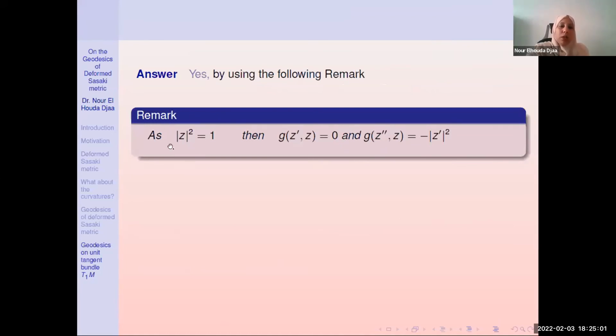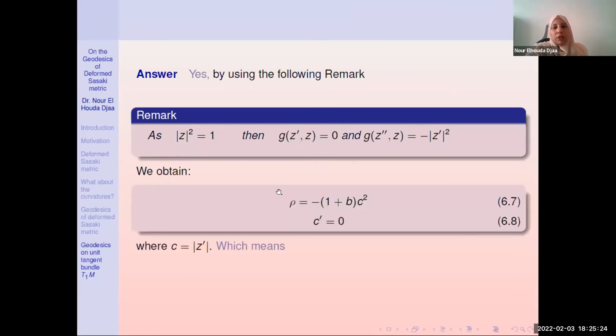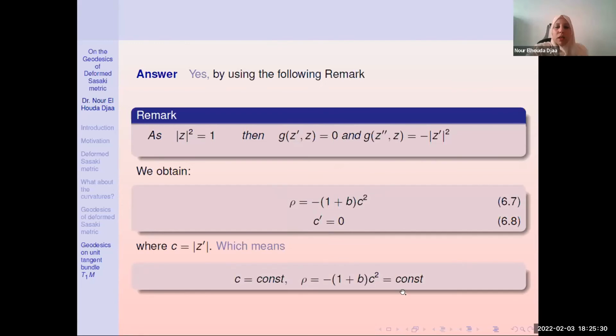As we know, we have the norm of z squared equal 1, then z prime z equals 0, and z double prime z equals minus norm of z prime squared. We obtain rho equal minus 1 plus b, which means it is a constant. Therefore, rho is a constant.